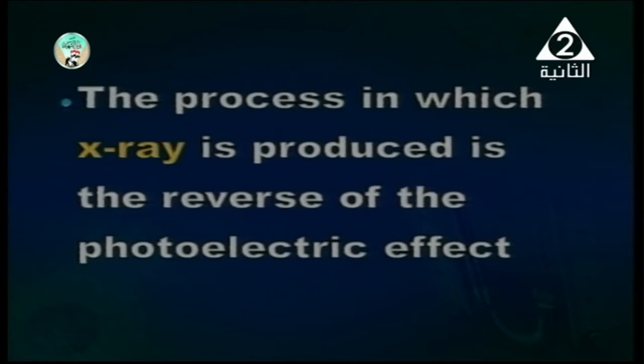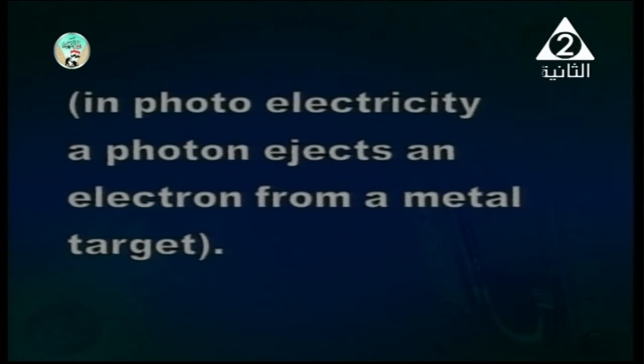Here we've got something interesting. The process in which X-ray is produced is the reverse of the photoelectric effect. But how? Let me say it. In the photoelectric effect, a photon ejects an electron from a metal target.